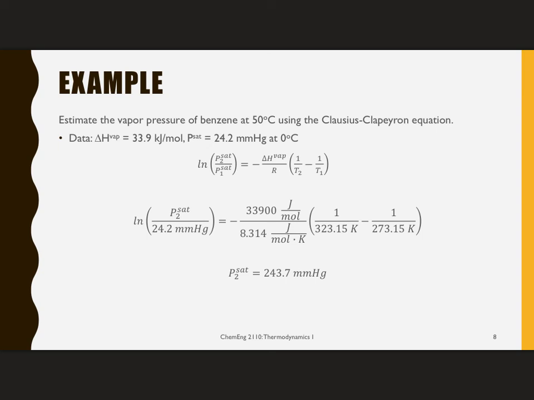R is 8.314 joules per mole Kelvin. For my temperatures, I have to be sure I'm using absolute temperature. So 1 over T2, which was 50 degrees, minus 1 over T1, which was 0 degrees. I'm able to estimate that the vapor pressure should be around 244 millimeters of mercury at 50 degrees C.